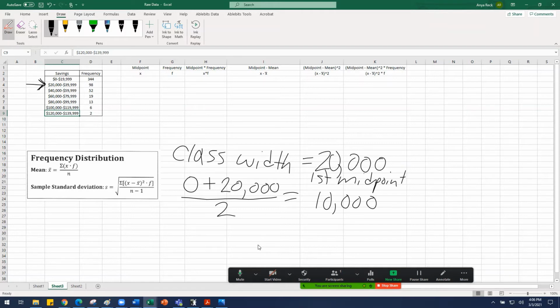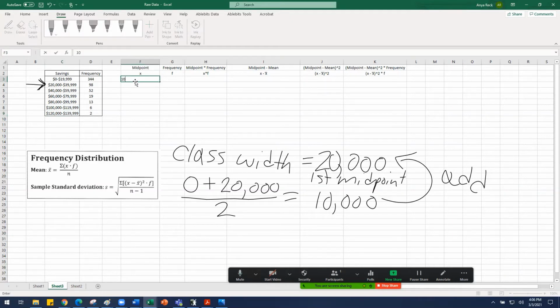And then to find the next midpoint, all you have to do is add the class width. So the first midpoint was 10,000. And then you take that first midpoint and add the class width, 20,000. And then you take that and add another 20,000.